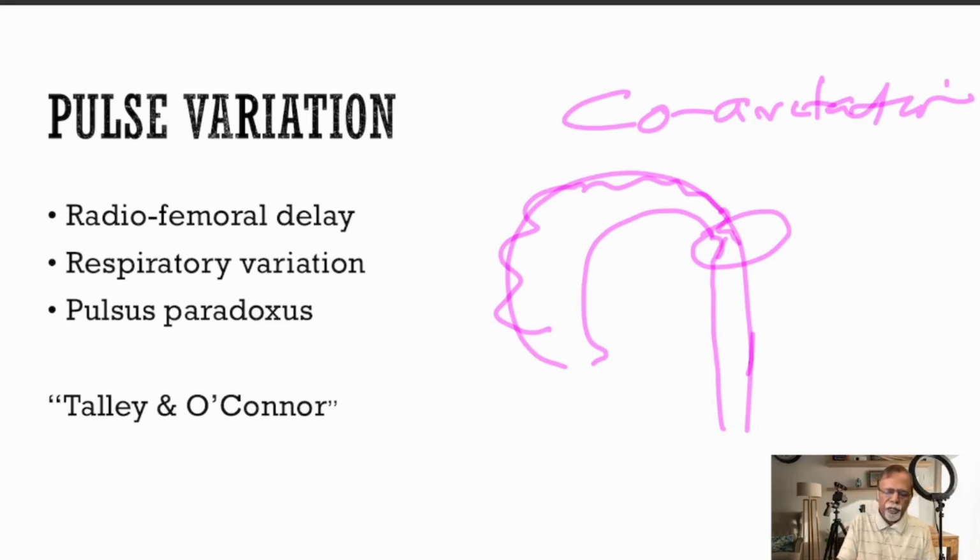So there is a significant delay between the radial artery and femoral artery. Sometimes you can get a radio-radial delay. There is one radial artery and the other radial artery, and there can be a delay if there is a problem with the subclavian; subclavian stenosis is an example. Cervical rib you can get sometimes.